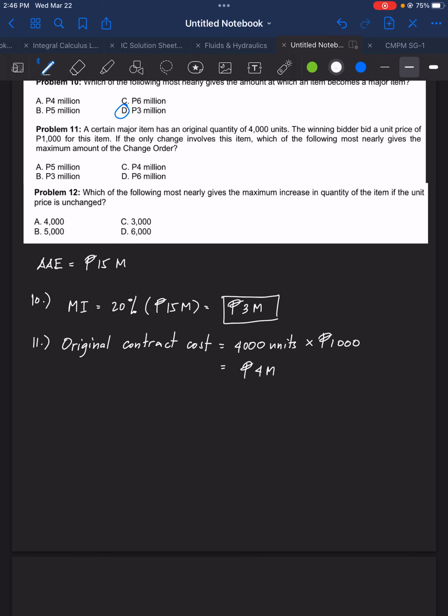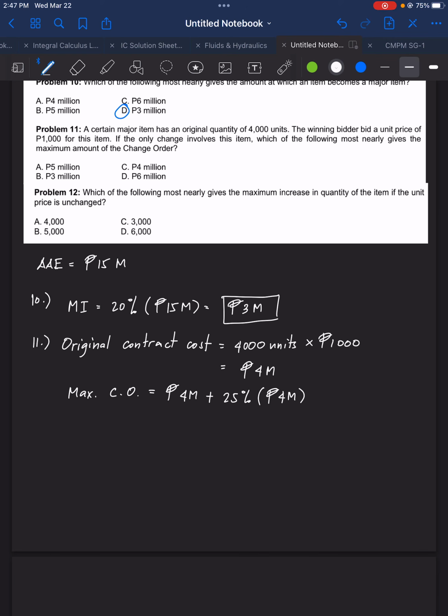Now, he is looking for the maximum amount for the change order, the max change order amount. That will be the original contract price plus 25% of the original contract price.